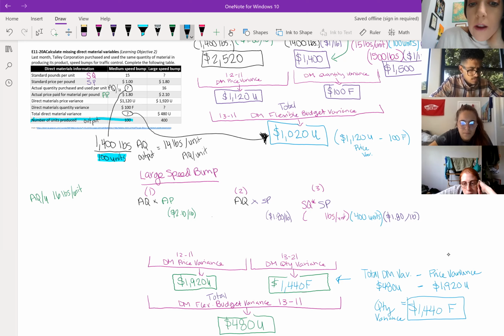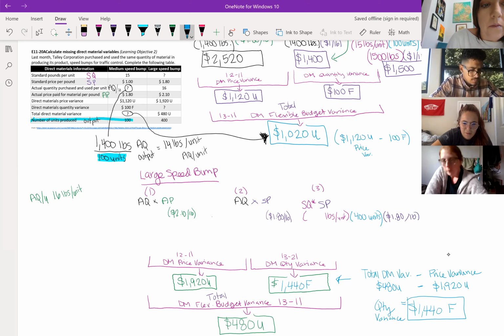For your quantity variance, you're looking at your actual quantity used versus what you should have used. If your quantity variance is favorable, it means your actual quantity used is lower than the standard quantity allowed. So you use less than you should have. And then the total was unfavorable.